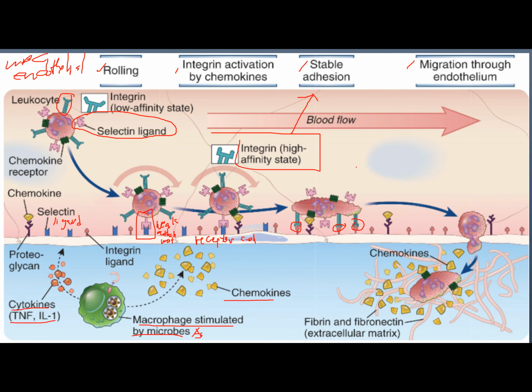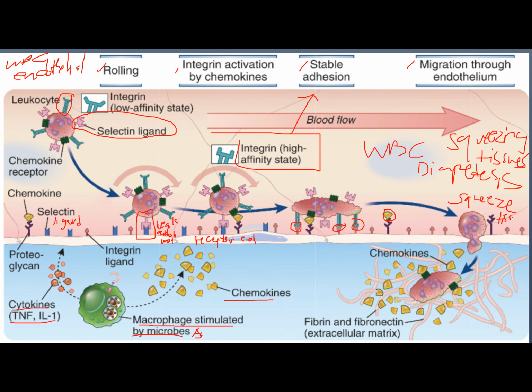One of the characteristics of your WBC is that they are capable of squeezing through the tissues. This ability is known as diapedesis. With the help of certain chemokines, the chemokines will guide your WBC, and your WBC will now squeeze into the tissue or the site of injury.